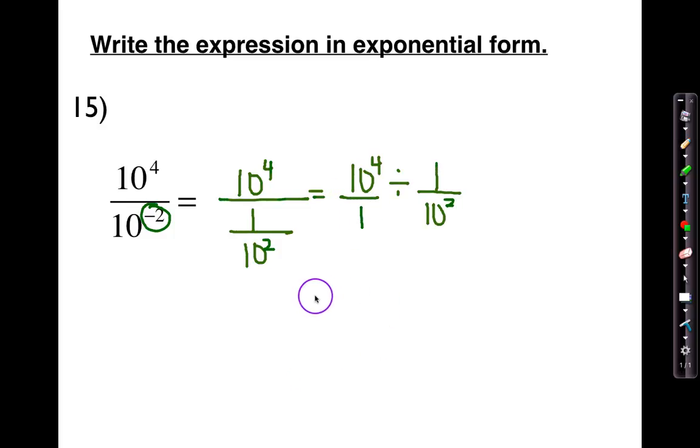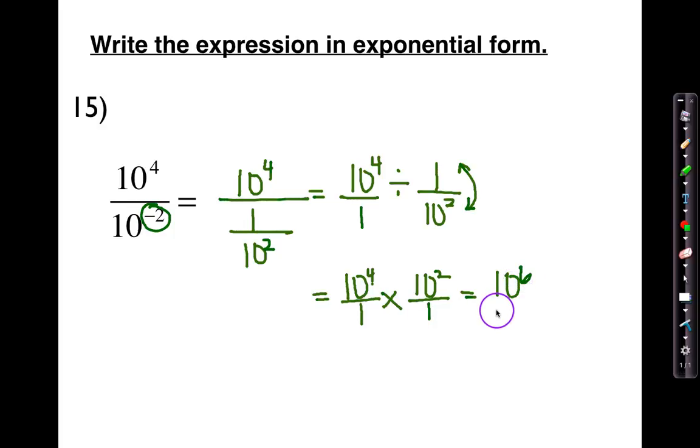So now we're going to be left with 10 to the 4th over 1 times the reciprocal. So I'm going to go ahead and flip over this fraction to 10 squared over 1. So now I see here there's 4 in the numerator and 2 in the numerator, so altogether there are 6. And there is just a 1 in the denominator, so I'm going to leave it as that, and that is going to be my answer.